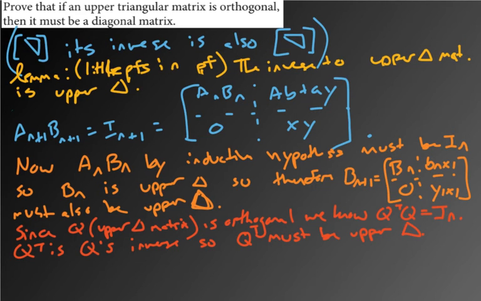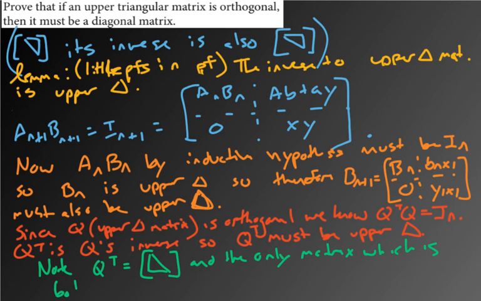But this is the cool little trick. Note Q^T has the structure of a lower triangular matrix, because of how the transpose of an upper triangular works. And the only matrix which is both upper and lower is a diagonal one.